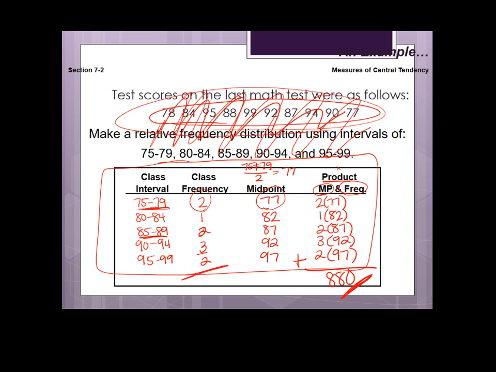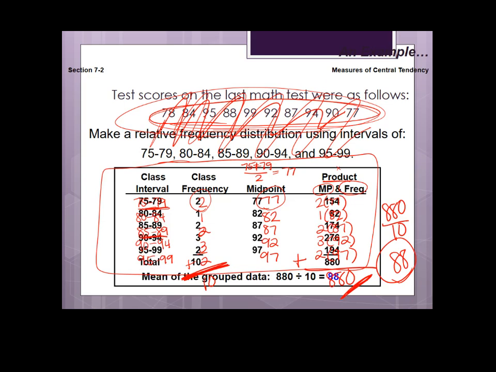Well, how many numbers I had is basically the frequency. I had 10 numbers, right? 1, 2, 3, 4, 5. I had 10 numbers. So to find the mean, I'm going to take 880 and divide it by 10. So the average number will be about 88. And if you look at our results, it does look like they're all somewhere around 88, right? So the average would be 88.